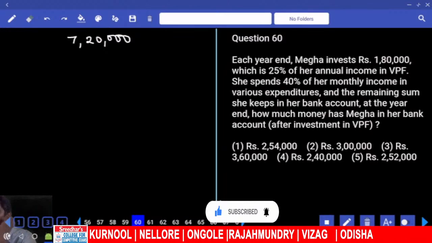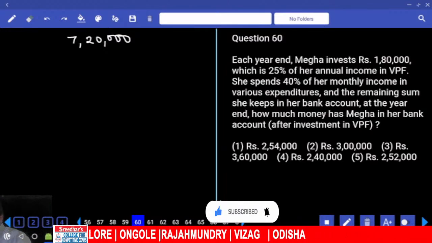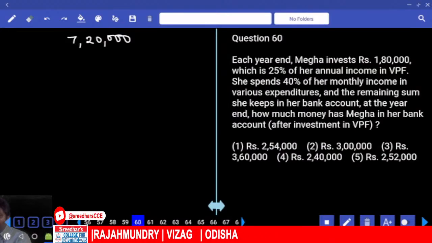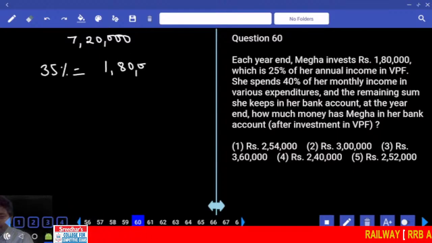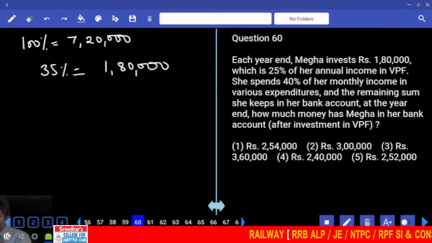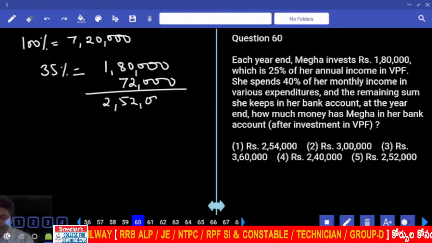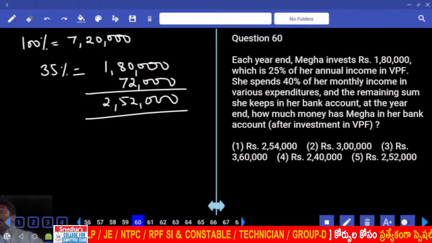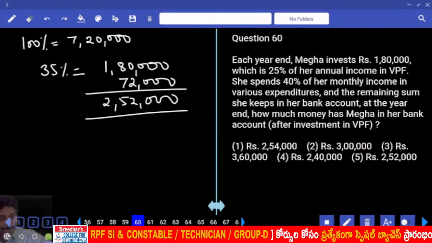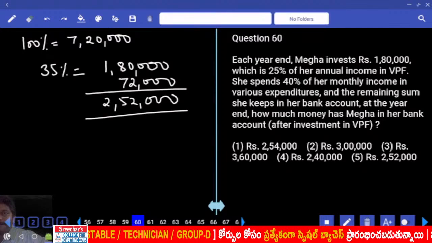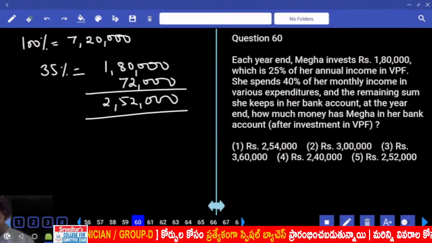So far, how much percentage is over? 65. Then what is remaining? Now you need to calculate only that 35%, right? And you know the 25% value, 1,80,000. And you need to add 10% more, right? You know that your 100% value is equal to 7,20,000. 10% value is 72,000. So 2,52,000 is what she is keeping in her bank account. Understood?